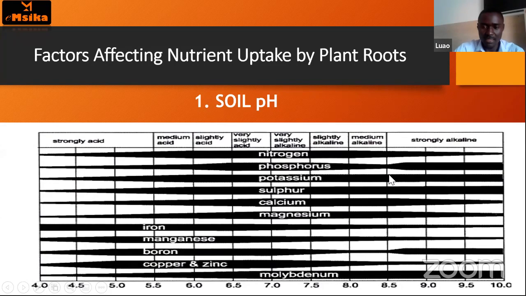The same goes for the alkaline side. In very alkaline soil you also miss out on a lot of nutrients.